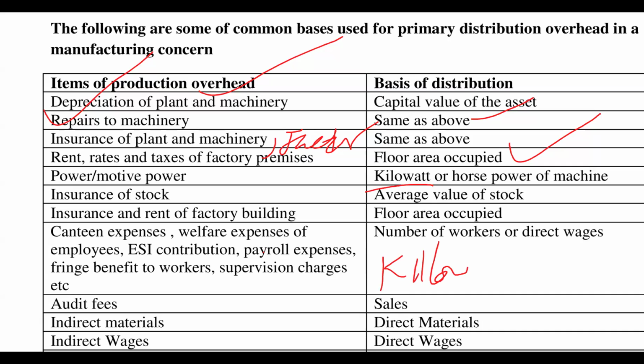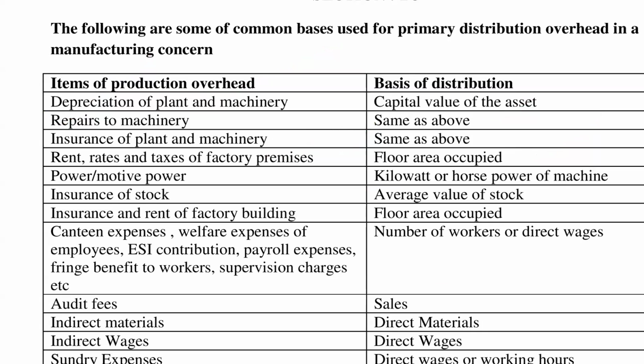So you can use the kilowatts in case you are given the kilowatts. Use the kilowatts that have been provided to you. That is very important, and you need that.